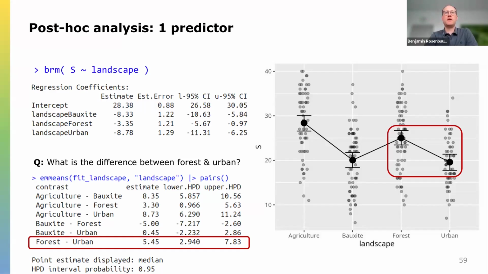The pairs command from emmeans will compute all the pairwise comparisons and also their uncertainties. And again, this is done by computing the differences for all the samples from the posterior and only then extracting the means. So here we get a mean difference of 5 point something and its associated uncertainty.